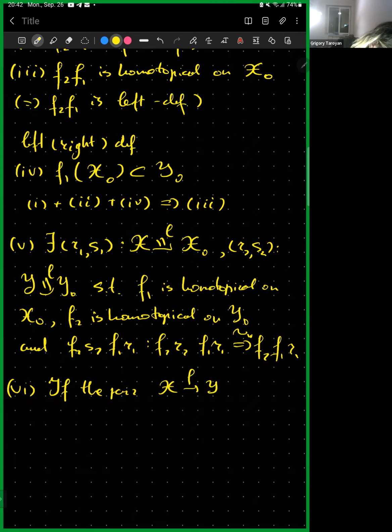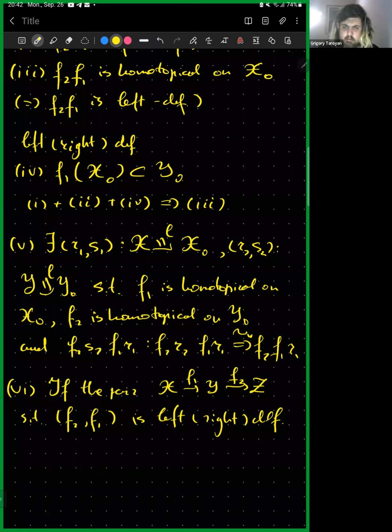So assume that we have a composable pair of functors, such that this pair is left or right deformable.